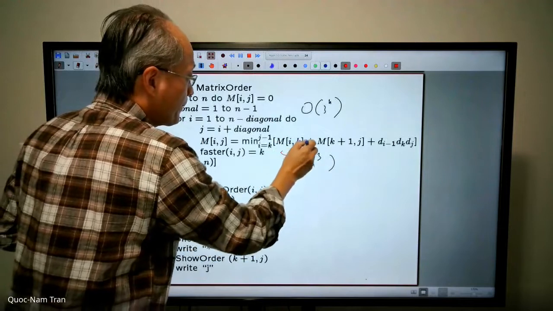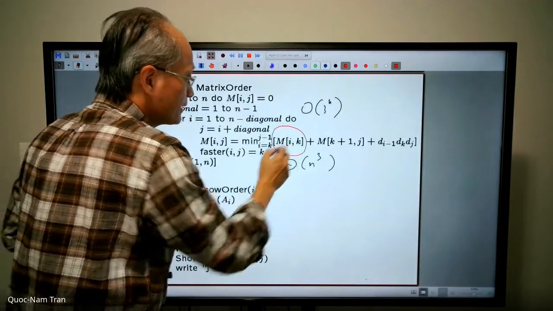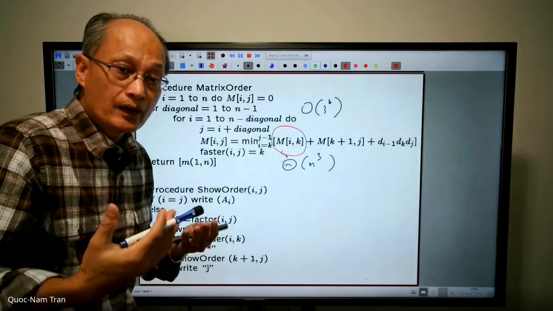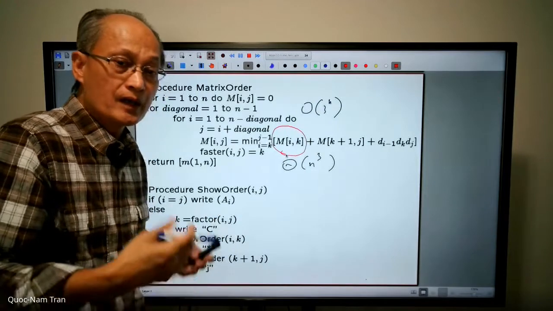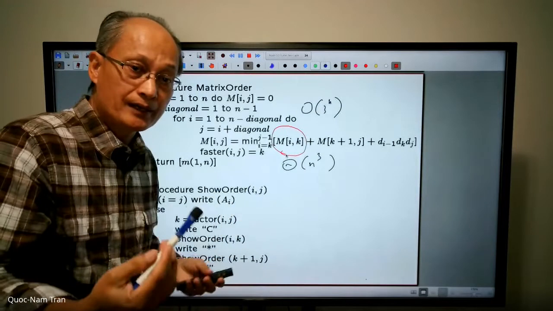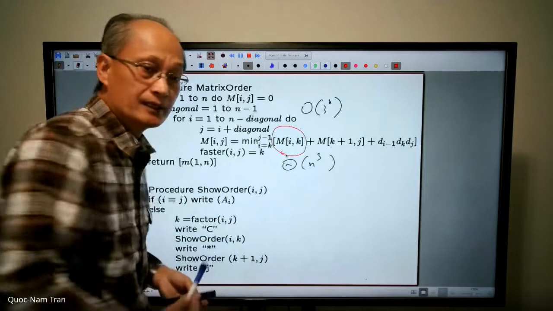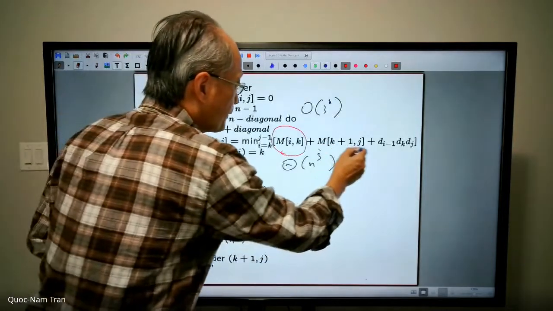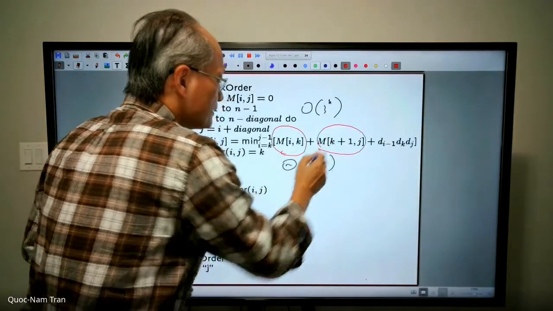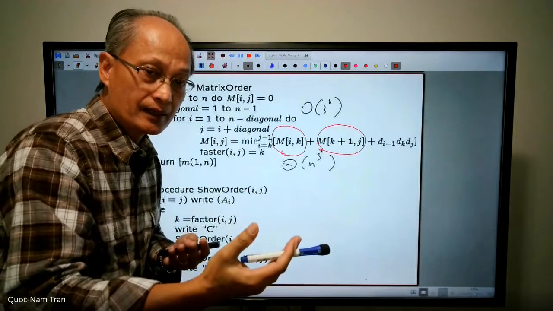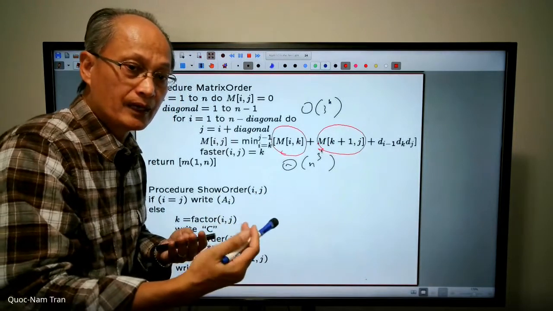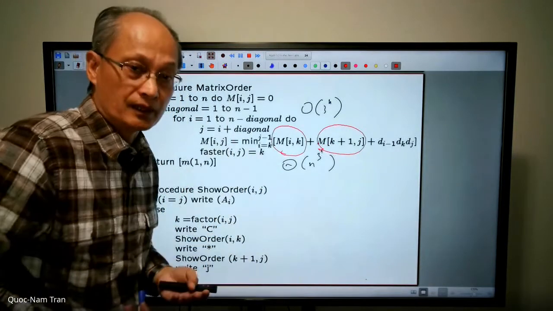We try to remember. Say, if we already know the optimal way for multiplying matrices from I to K, and then from K plus 1 to J, can we store them? And then when we need them again, we simply use them, right?